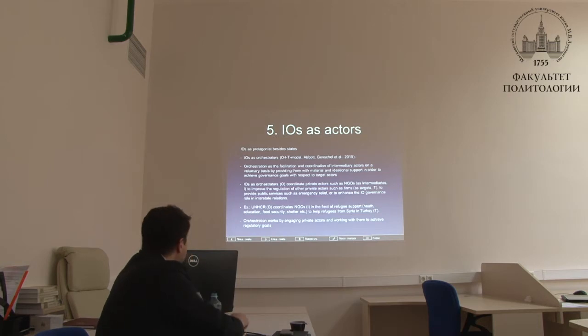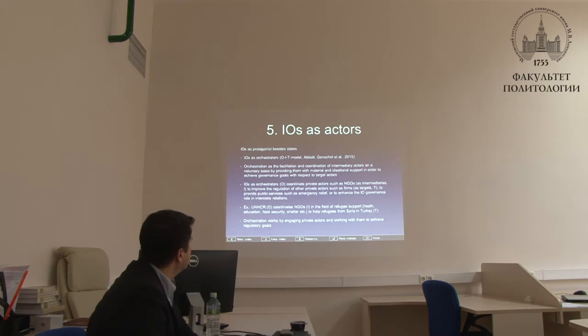Then we can talk about international organizations as orchestrators, which is another specification of the actor model. Orchestration is seen as the facilitation and coordination of intermediate actors on a voluntary basis by providing them with material and ideational support in order to achieve governance goals with respect to target actors.